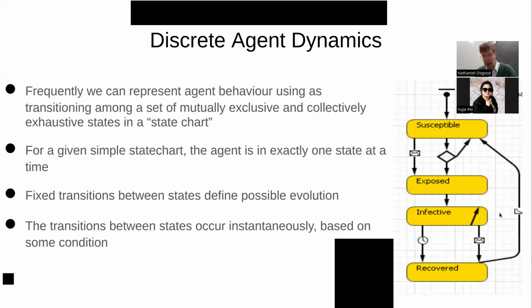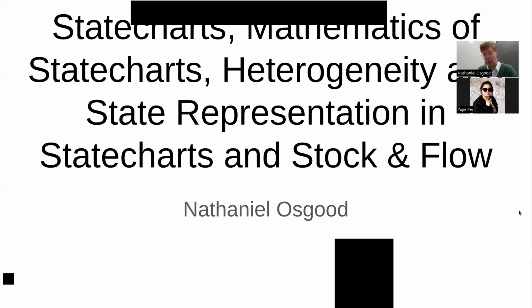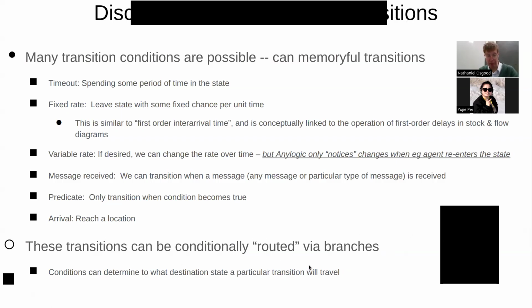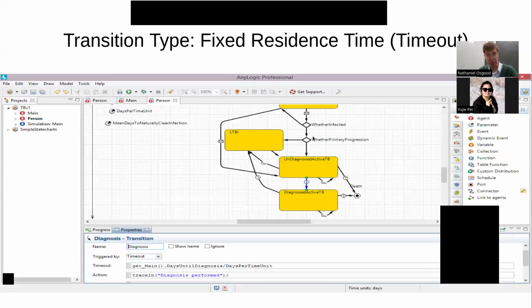So that would be a rate transition that might be changing in its value as I age or as I evolve my risk behavior or what have you. There's these message transitions, conditional transitions, which I've termed predicate transitions, and an arrival transition for agents moving around. And these transitions can be conditionally routed via branches.